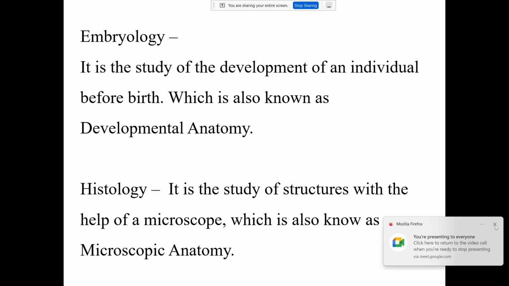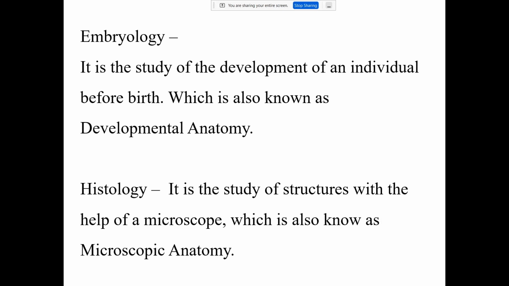That means under the microscope we are going to study the organs at the minute level, because what we see in the gross, the liver, is different when we go to the minute study of the liver at the cellular stage, because each and every organ is formed by groups of cells.